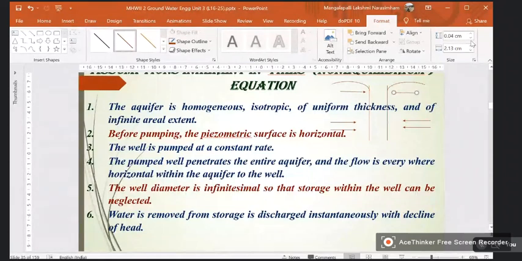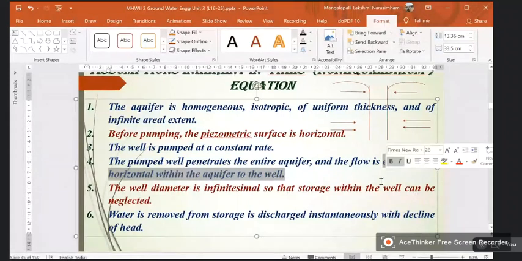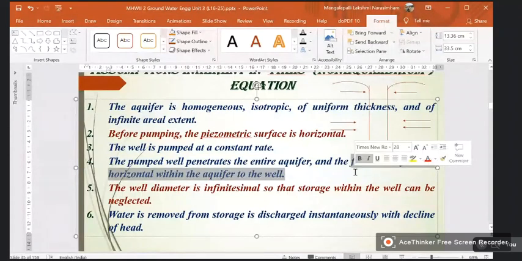Otherwise, the solution cannot be obtained. So that is the meaning of this part of the assumption. Everywhere the flow is horizontal.